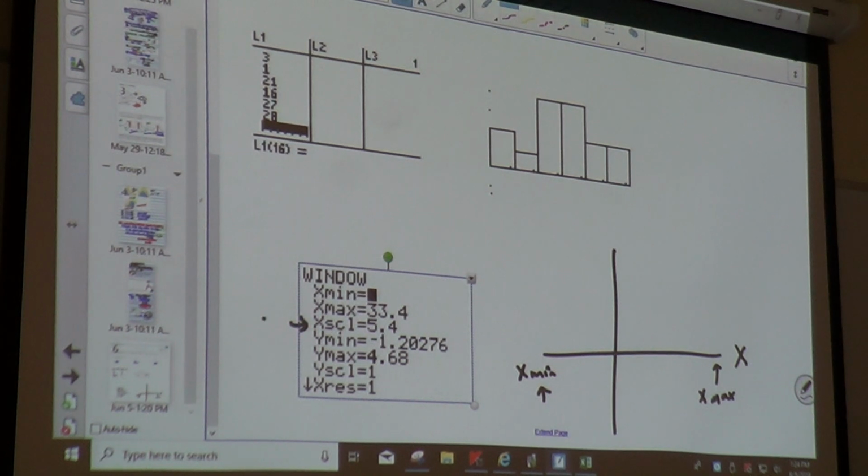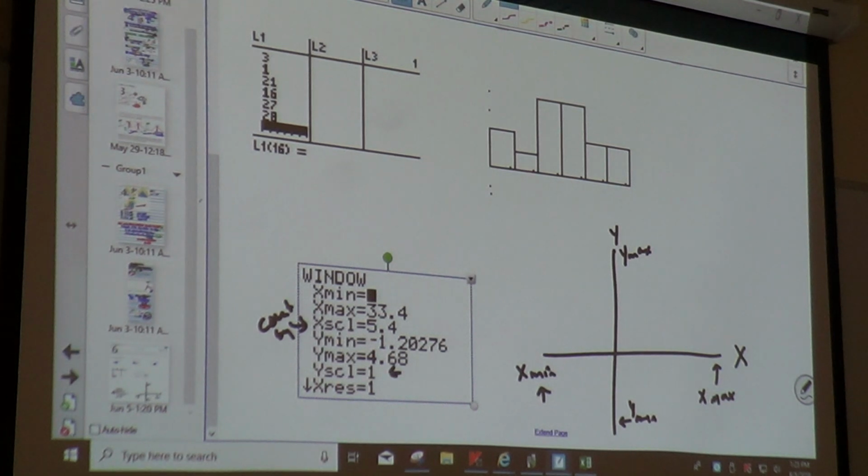X-scale is what you want to count by. So are you counting by 1s? Are you counting by 2s? Are you counting by 50s? Y-min is going to be the minimum value that you use on the y-axis. Y-max is going to be the maximum value that you're going to use on the y-axis. And y-scale is going to be what you're counting by on the y-axis. And you always want to let your x resolution be 1.